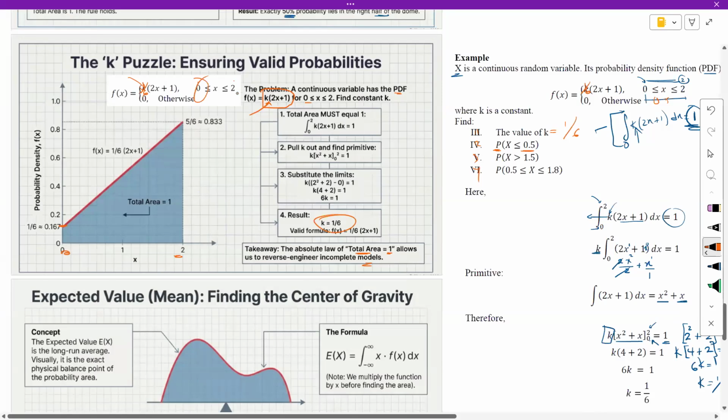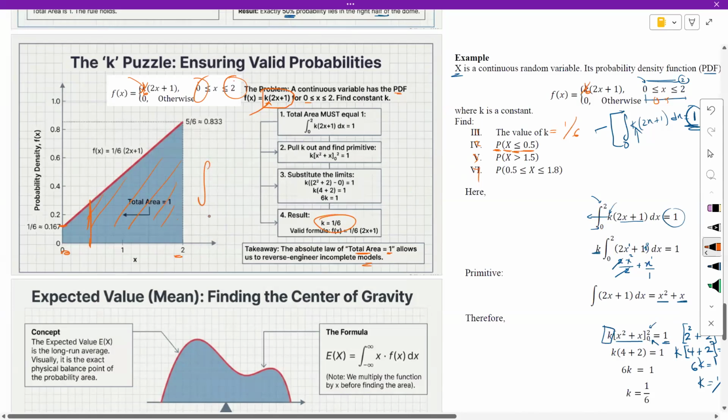Here it's given, minimum 0, maximum 2. Now the question here, if x equals 0.5, and x is larger than that, we need to find the area.